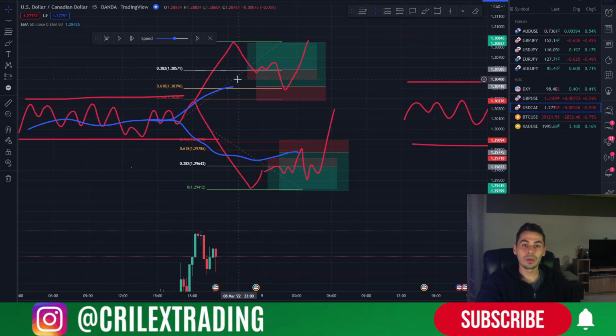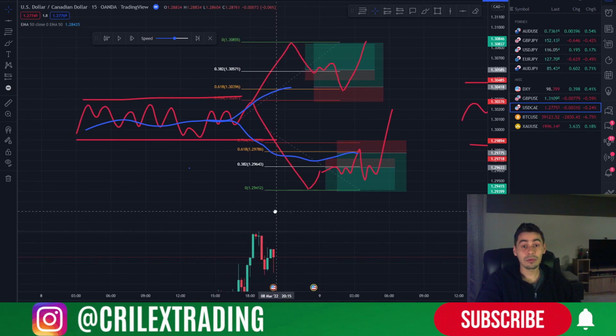Maybe you want only to take this trade when you have the confluence of the 50 EMA. Maybe you want to take this one as well. That depends on you. I prefer to take them both because as I will show you in the next minutes, the way we manage the trades is making this reckless entry strategy into a bit more calculated one. So stick around to see the trade management part of this video.